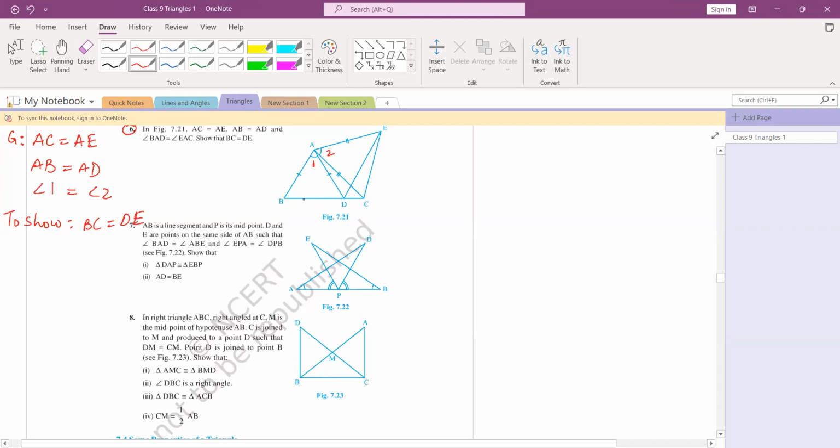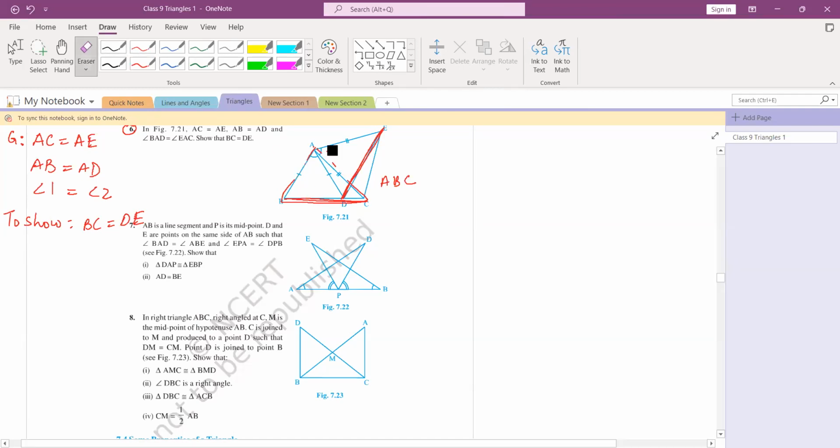Please don't draw it. Everybody look carefully, Hamna and Mritula also. We have to show that this whole side BC is equal to this complete side DE, right? If we use CPCT to show this, we need to show that this complete triangle ABC, fine, can you see in the figure which is ABC? This triangle.